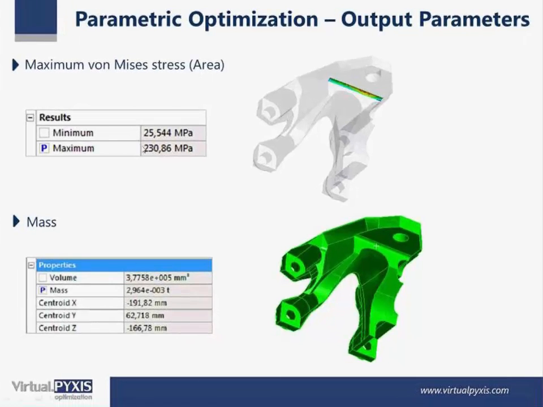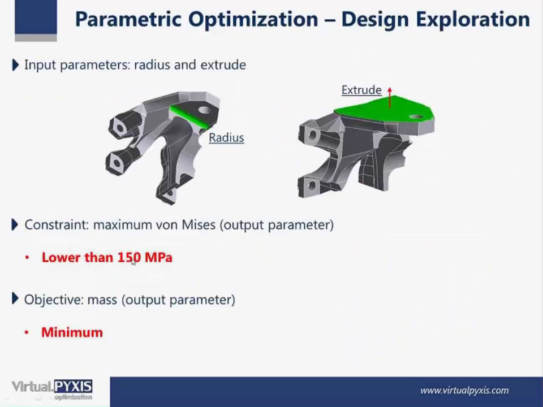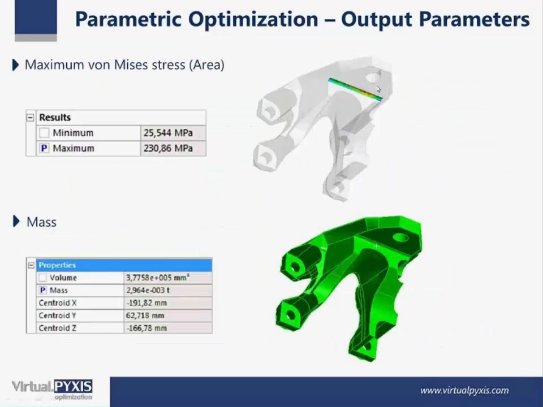Just remember this number, 230 or almost 231, is the maximum from the starting design, which is the one we got from the SpaceClaim redesign, and our limit, as I showed you before, is 150. So it's above our limit. And also we have P as a mass. The starting point is 2.96 kilos of this support.